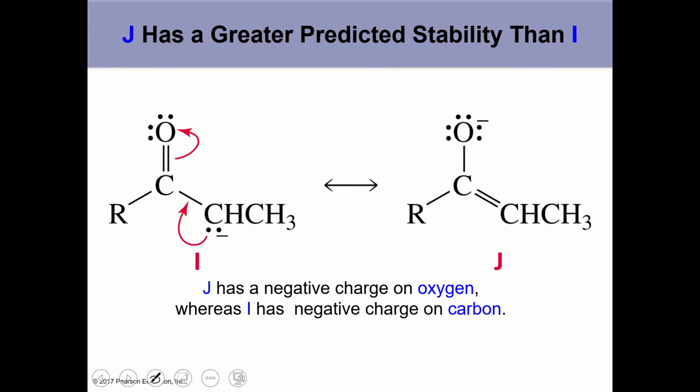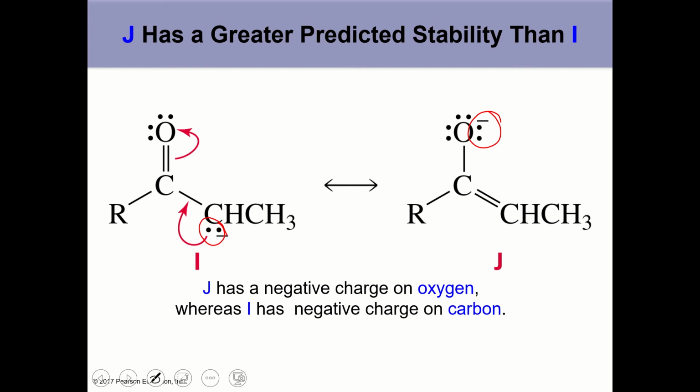Comparing J to I. J has a negative charge on an oxygen atom, where I has a negative charge on a carbon. The negative charge should be on the more electronegative atom.